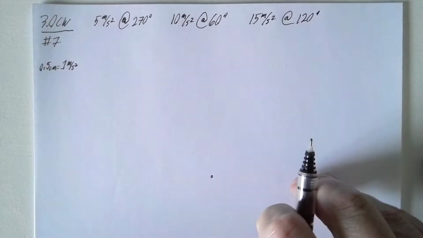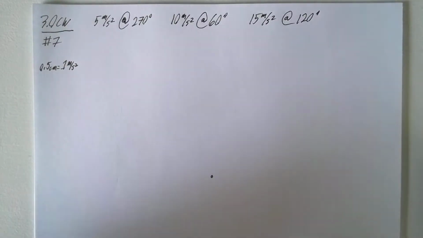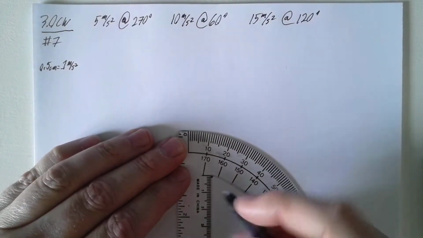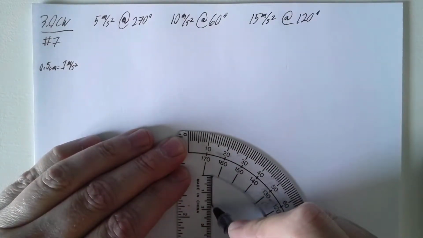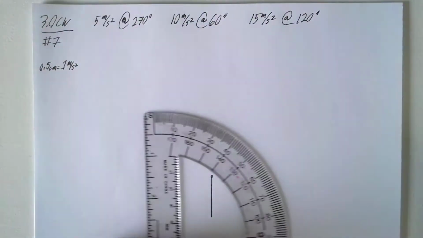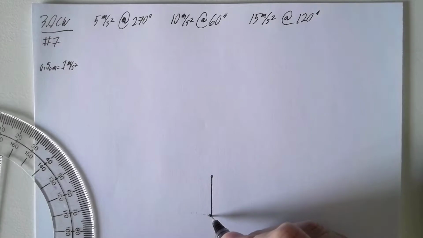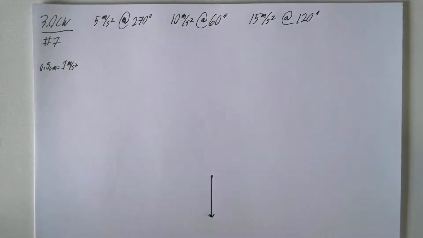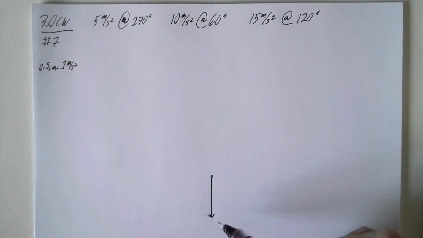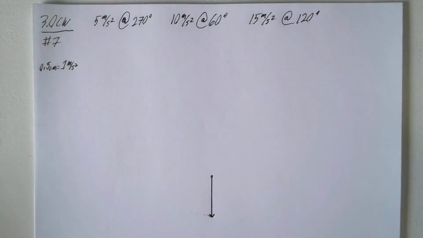At our scale, 5 meters per second squared would be 2.5. So this vector represents 5 meters per second squared at 270, straight down the paper.